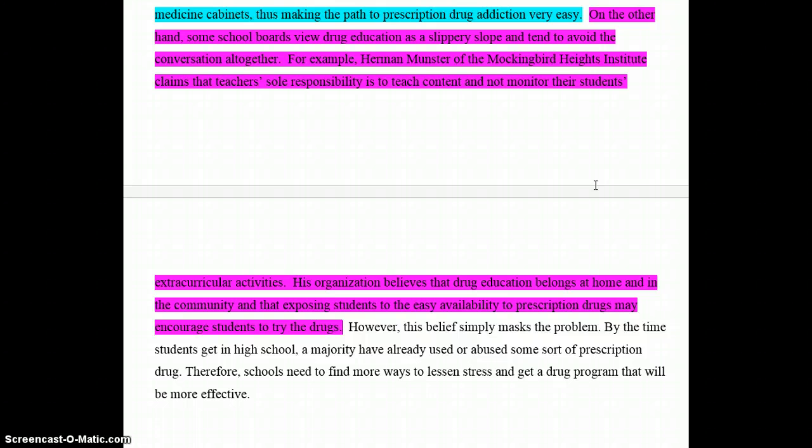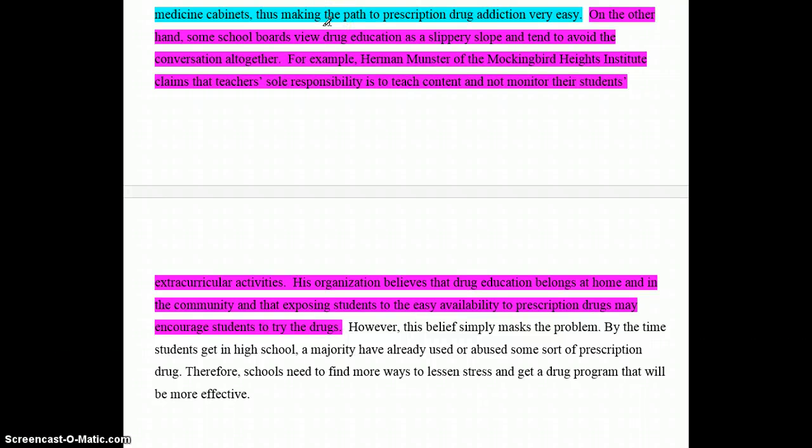Okay, this tells the other side of the argument. Notice that the author gives context for the statement. She explains what this man's organization is all about and explains his perspective. Now here's the big part. When you use counter evidence, you always need to have a rebuttal and redirect the audience back to your idea.